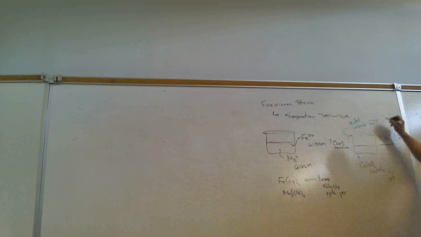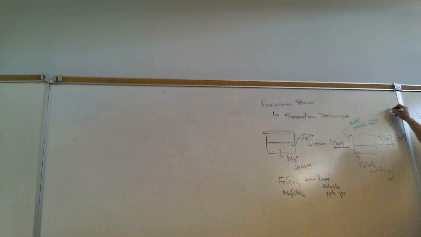But it's unsaturated with respect to magnesium. But eventually we're going to have so much hydroxide that it's going to be saturated in terms of magnesium, and both will begin to precipitate out.